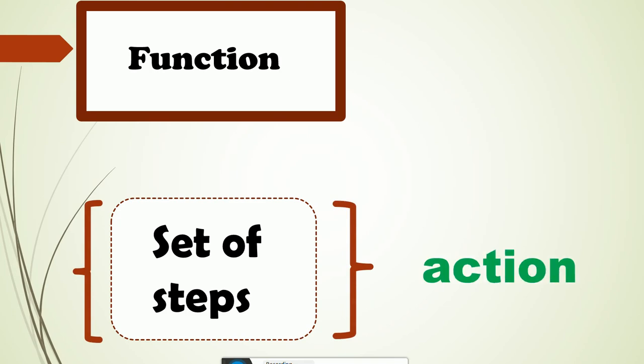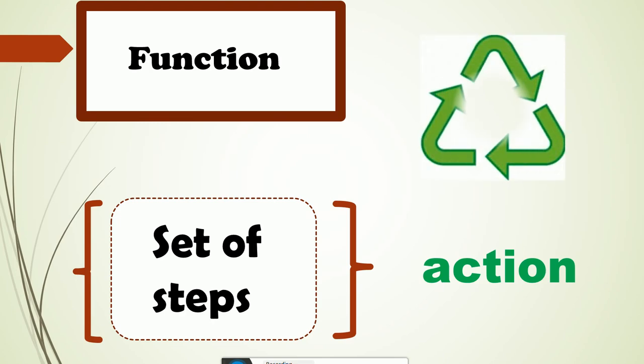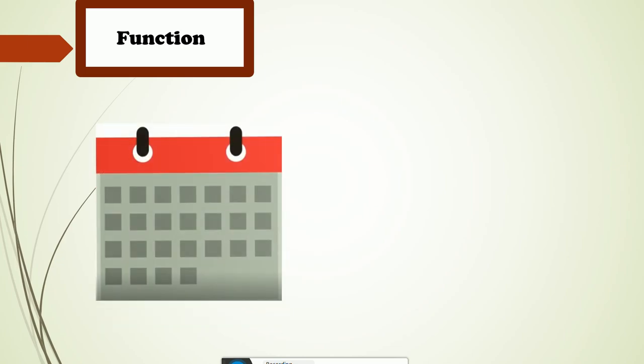A programmer will give this action a simple name, so the set of steps can be easily talked about and reused again and again in a program. You may not even realize it, but you use a function every day.